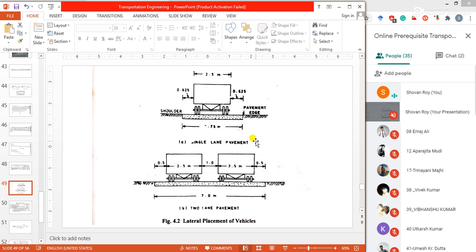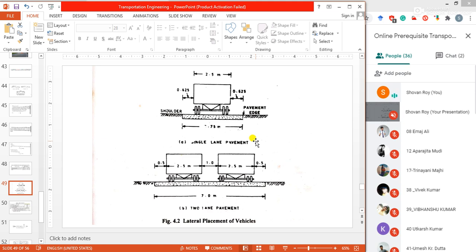Suppose you are constructing a road, what should be the width of your carriageway or pavement? It totally depends on the width of the vehicle and the clearance.